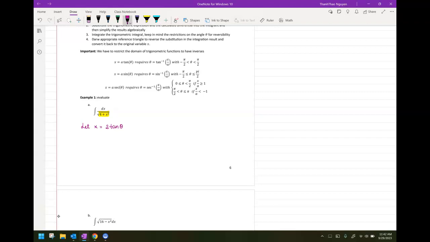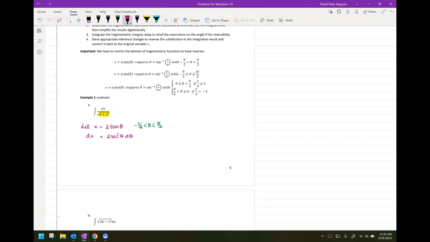Taking the differential, dx equals 2 secant squared theta d theta. So let's include our requirement here: theta is between negative pi over 2 and pi over 2.